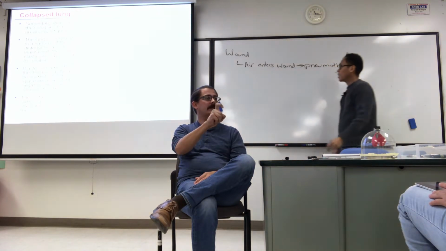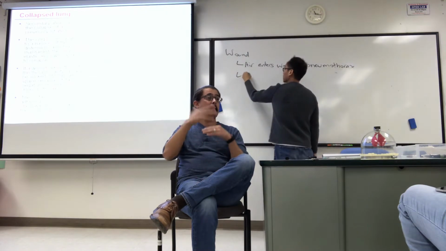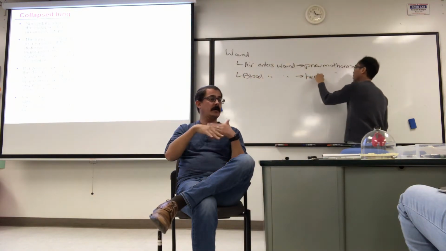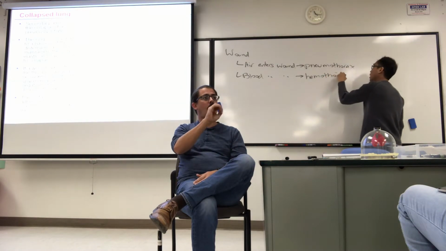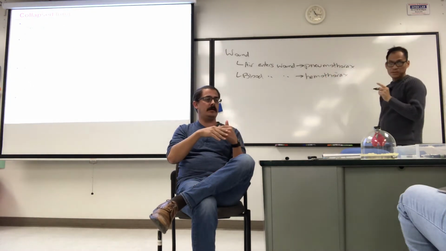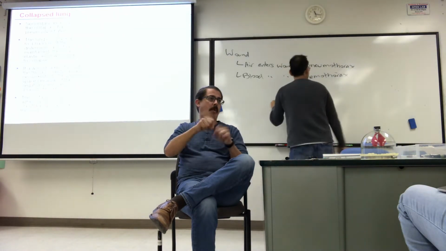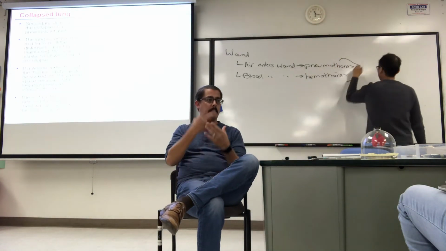They say if blood enters, that would be a hemothorax. Hemo means blood. In either case, the lung collapses because the seal's broken. Both of these lead to collapsed lung.